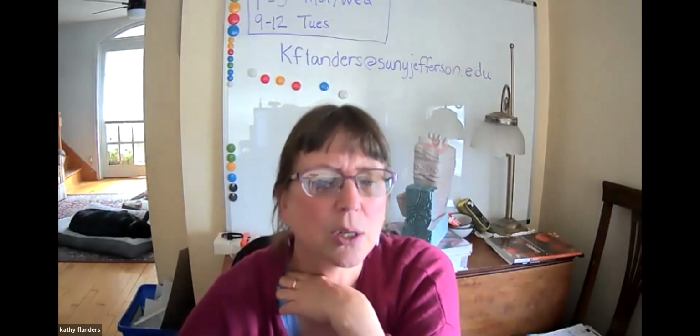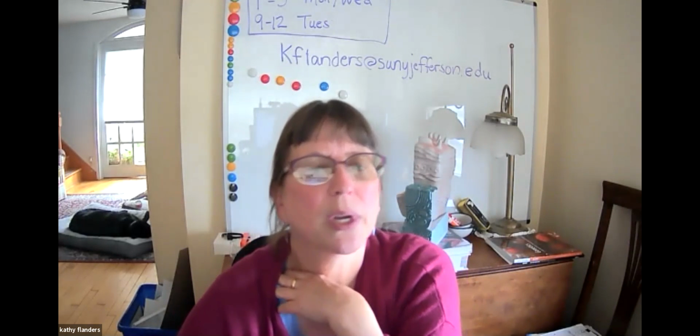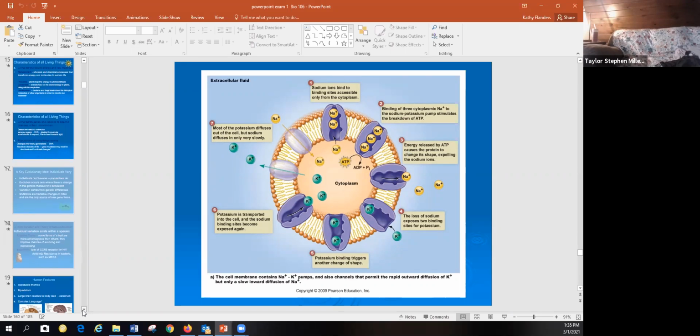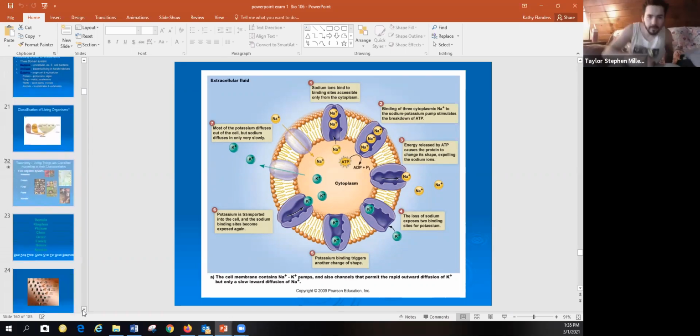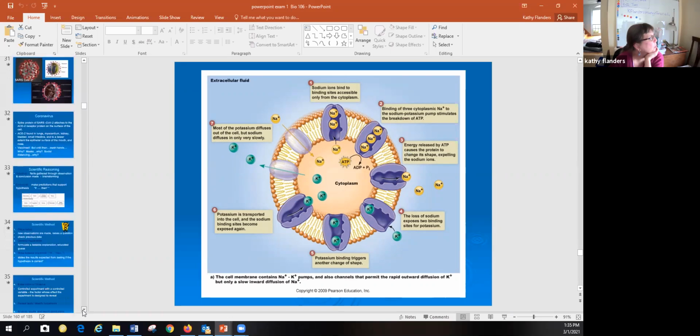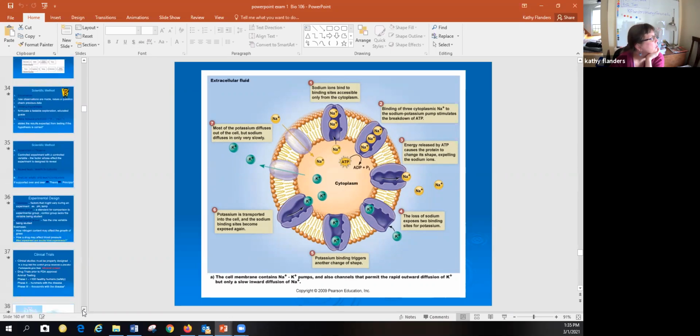Try that again. Share screen. There we go. Okay. So you can see the sodium potassium pump right now, right? Yes. All right. I'm just finding chemistry and where chem starts.